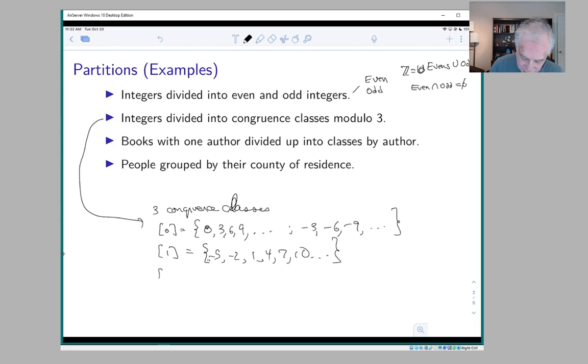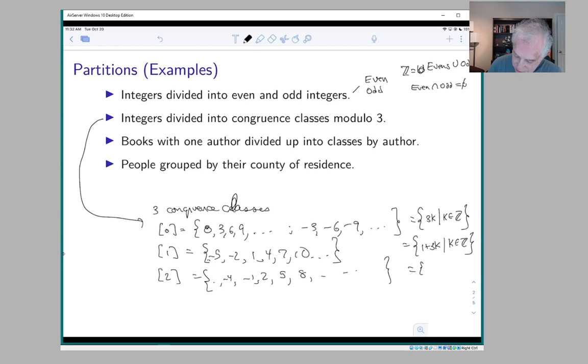And the things which are 2 more than a multiple of 3. So this is the collection of 3k, k in Z. This is the collection 1 plus 3k, k in Z. And this is the collection 2 plus 3k, k in Z.